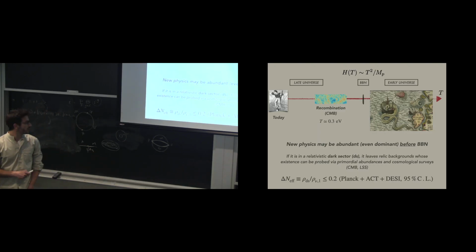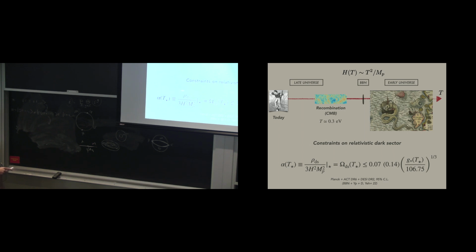You can translate this constraint into the abundance of a relativistic dark sector in the early universe at some epoch star with temperature T star. That's just the energy density fraction in this dark sector, and you get basically a bound of the order of 7% or 10%, depending exactly on what data set you take. So we do know that for those sectors that are completely decoupled from the standard model and are relativistic, there is already a relatively strong bound on their abundance in the pre-BBN epoch.